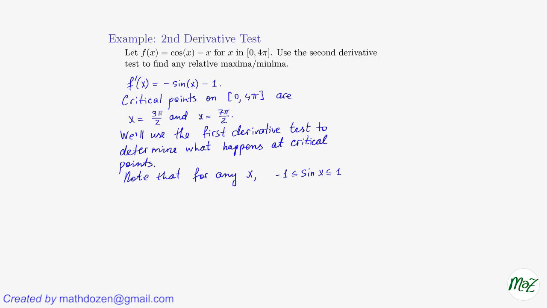What we can do is note that for any value of x, sine x will be between negative 1 and positive 1. Then we can multiply all the way by negative 1, so we're going to get 1 is greater than or equal to negative sine x, greater than or equal to negative 1.